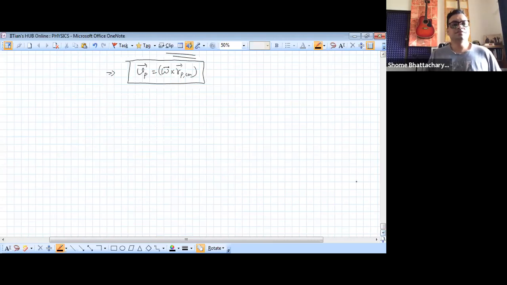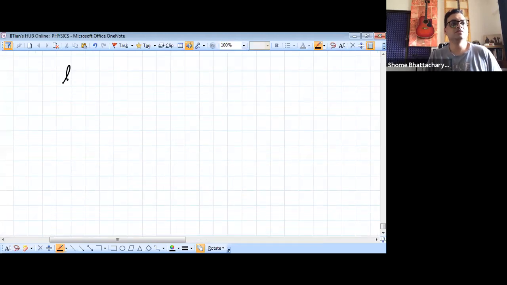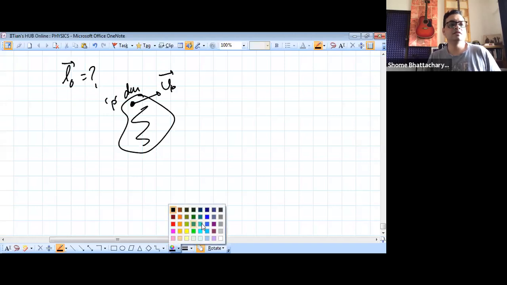Now the next thing is you can see the angular momentum for the system about the instantaneous axis, how we define this. So you take any particle of mass dm at the point P, and you can see that that particle has some general kind of velocity, whereas our instantaneous axis is, let's say, sitting over here right now.